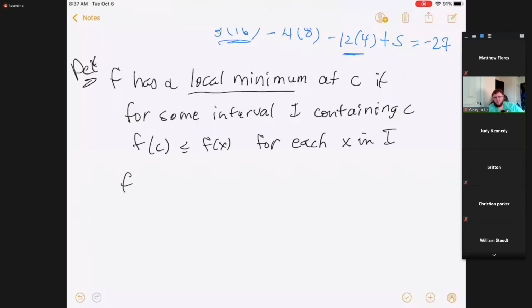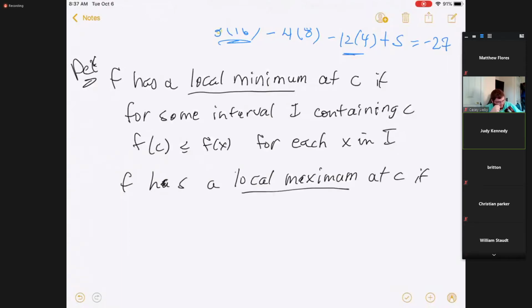And likewise, F has a local maximum at C if for some interval I, and it's an open interval. Okay, must be open.